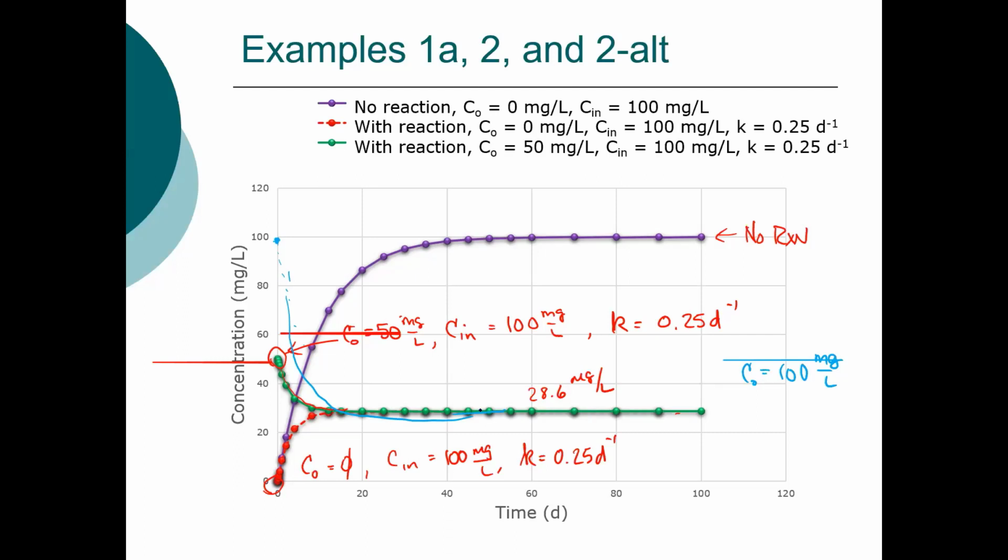Okay. So the steady state concentration is independent of the initial concentration in the reactor. It's dependent entirely on what you're pumping into the reactor and the rate constant. Think about that mathematically. Okay, we can go back.